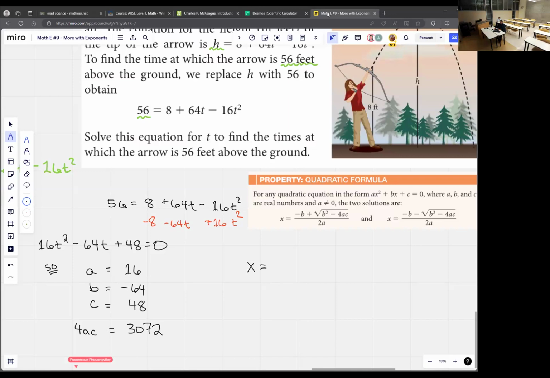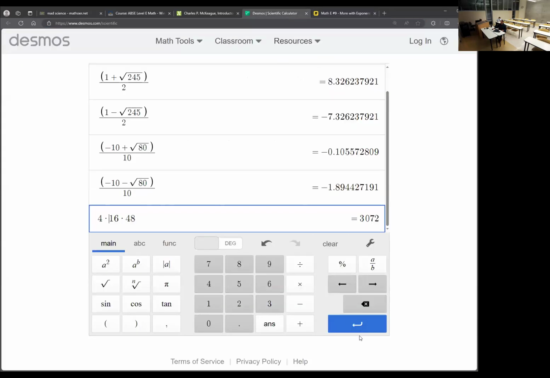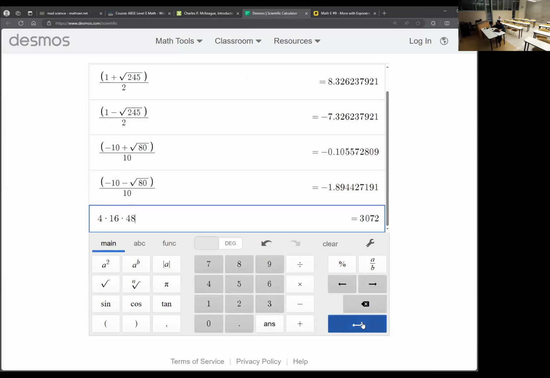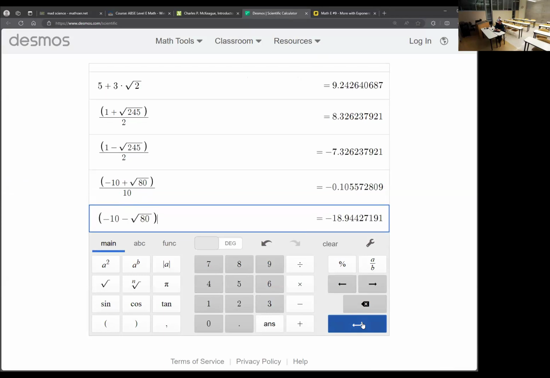Okay, so plug it in. X is negative B. Negative of negative 64 is a positive 64. B times itself. What is 64 times itself? Yuck. 4,096.